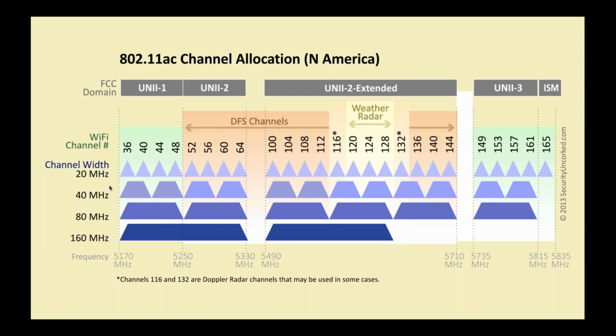Also, in education, I find that a lot of devices aren't even 80 megahertz capable. So why even use 80 megahertz if they're just going to use about 20 megahertz worth of that channel? And then 160, I just completely ignore because the reuse there is not available. You can put 2 radios on 160 megahertz channel widths, and then you have to reuse the channel again.